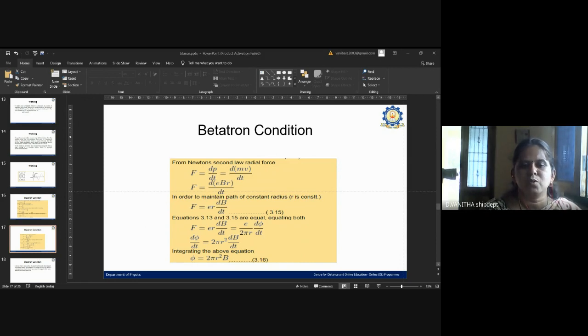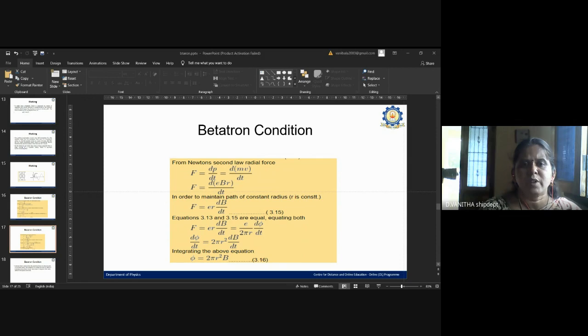The flux is equal to 2 pi r squared into B. From these conditions, we can conclude that electrons move in a circular path of constant radius. The magnetic flux within the orbit of radius r is always twice what it would have been if the magnetic field were uniform throughout the orbit. So to maintain a constant radius inside the donut-shaped material, the magnetic field is also uniform throughout the orbit.